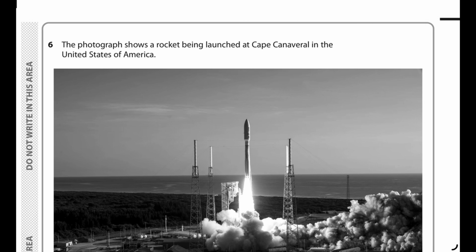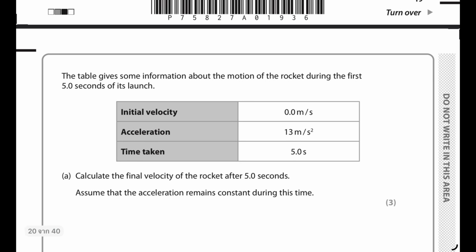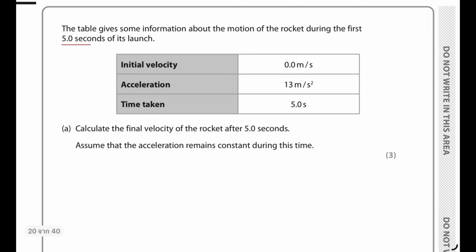Question 6. The photograph shows a rocket being launched at Cape Canaveral in the United States of America. The table gives some information about the motion of the rocket during the first 5 seconds of its launch. So we have the initial velocity at 0 meters per second, acceleration equal to 13 meters per second squared, and time taken equal to 5 seconds. So calculate the final velocity of the rocket after 5 seconds.